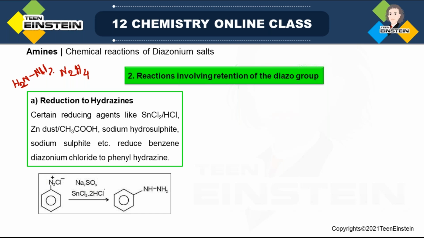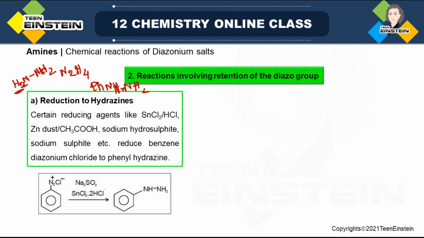But suppose one of the H of N2H4 you are replacing with Ph. Now the structure will be like this: PhNHNH2. So PhNHNH2 is the final product here. So basically we are reducing the N triple bond N. Now there is no double bond or triple bond.